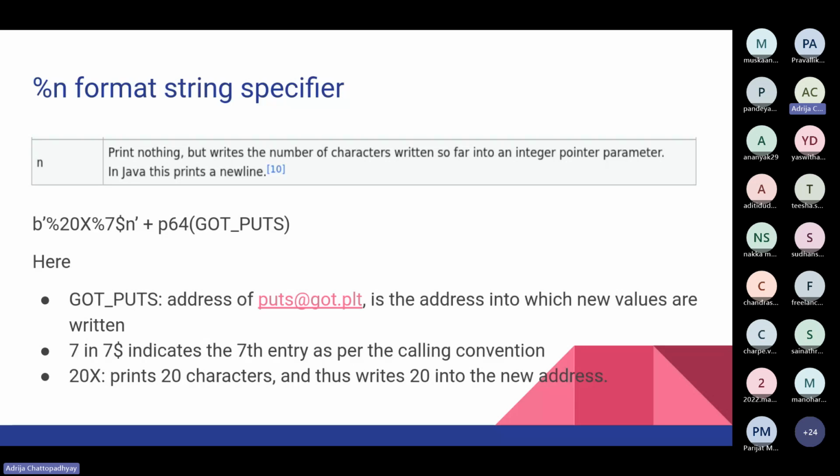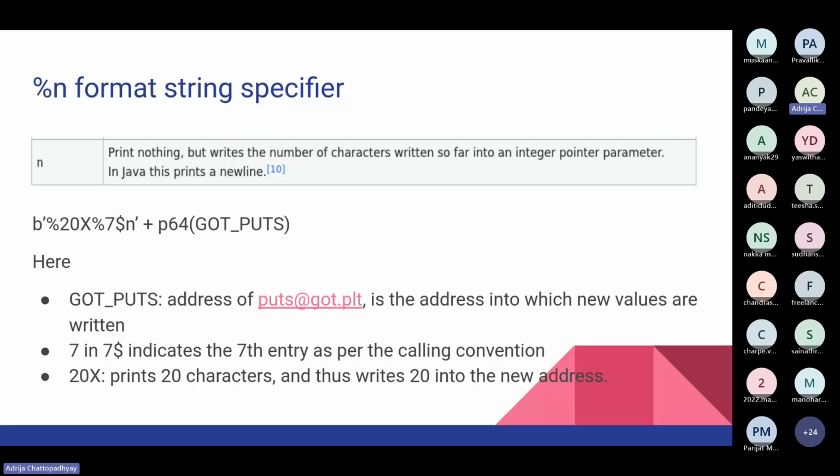This format specifier takes one parameter, the address into which we need to write. What it writes into it is the number of bytes that have been printed so far. So if there are, say, n bytes printed, and then you have a %n, you provide an address where you want to write it to.